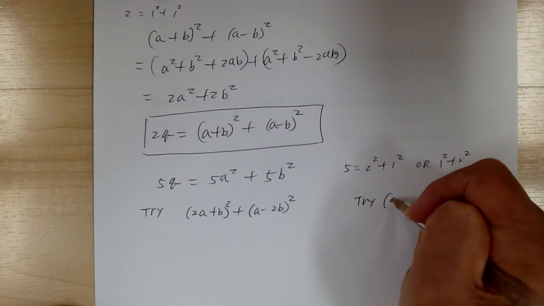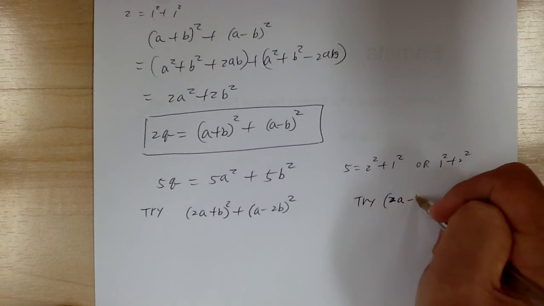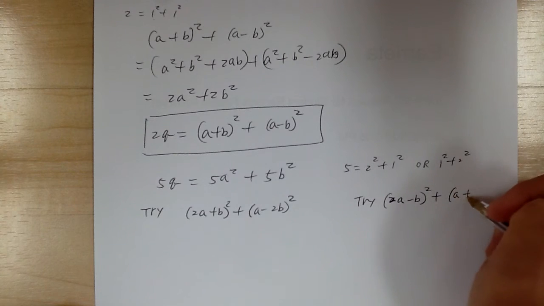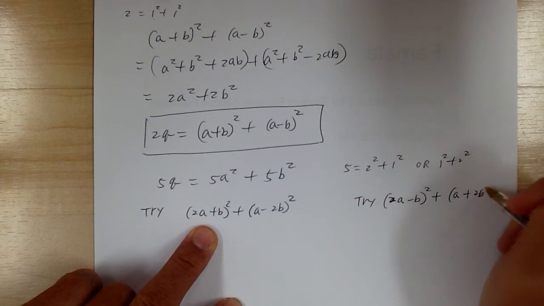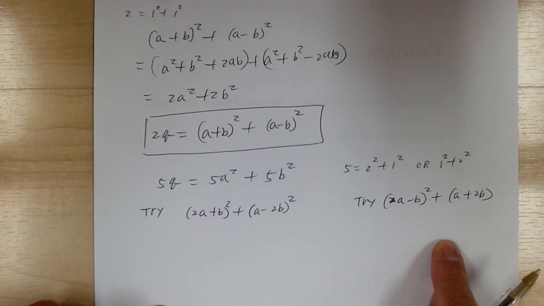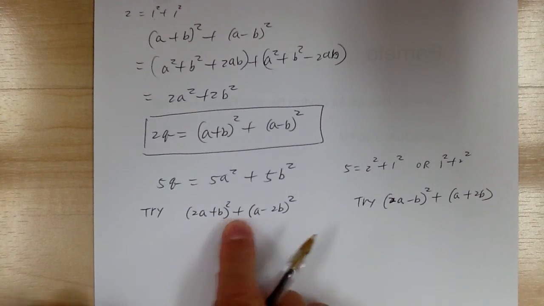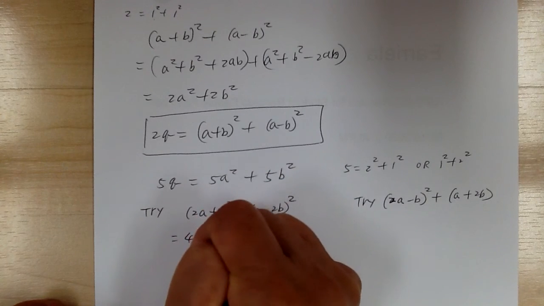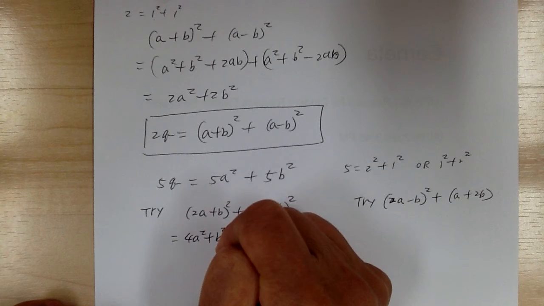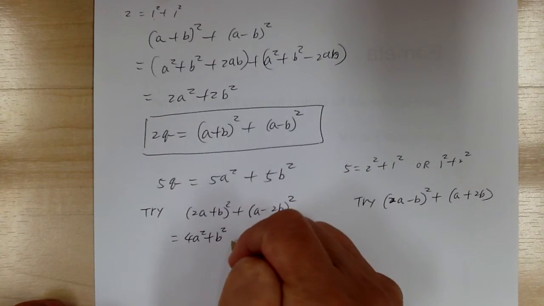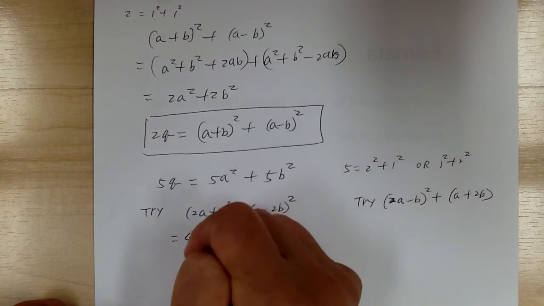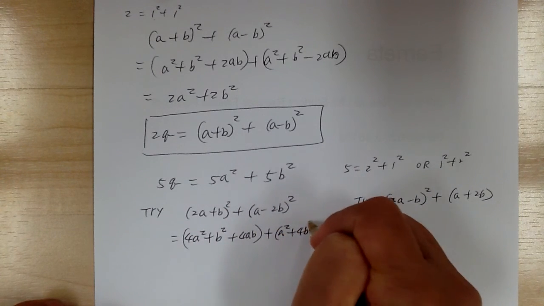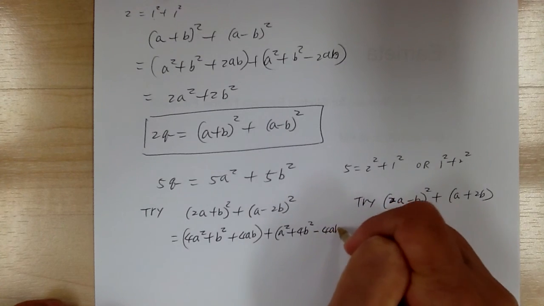So you can try 2a minus b squared plus a plus 2b squared. So now we have the conjugate of these. Again, if you work it out, you're going to get 4a squared plus b squared plus 4ab, and this one you're going to get a squared plus 4b squared minus 4ab.